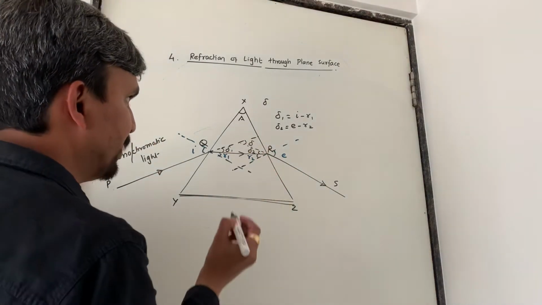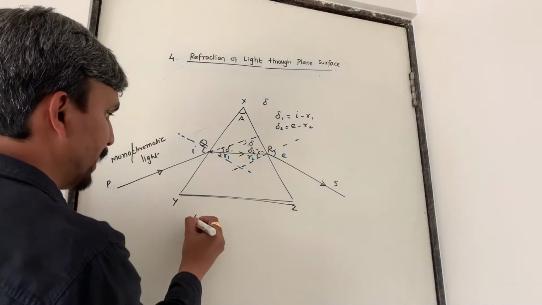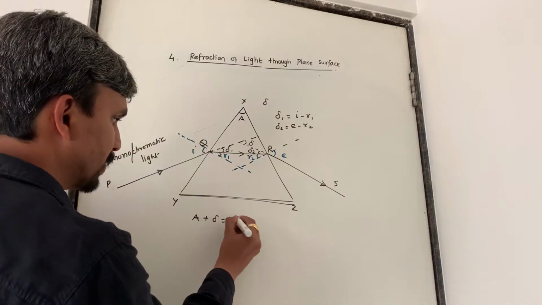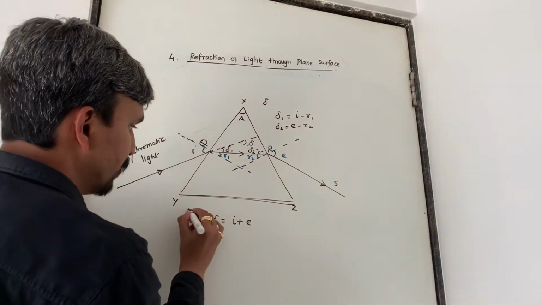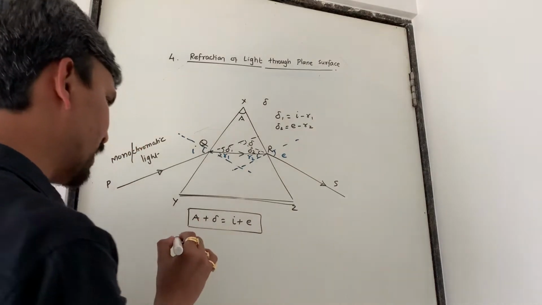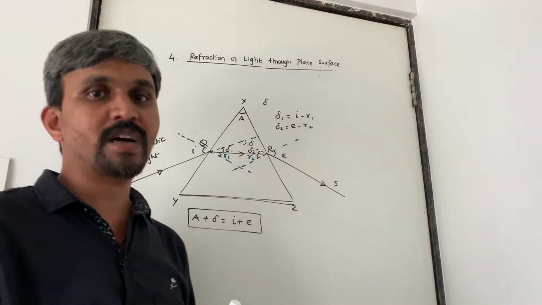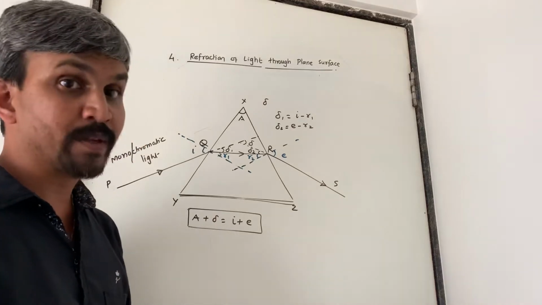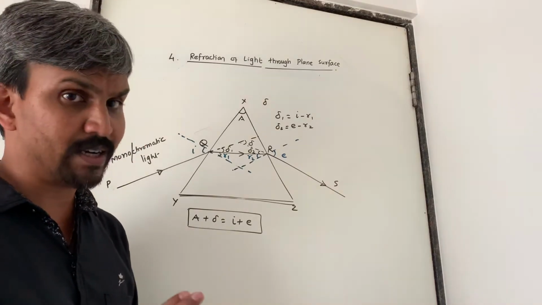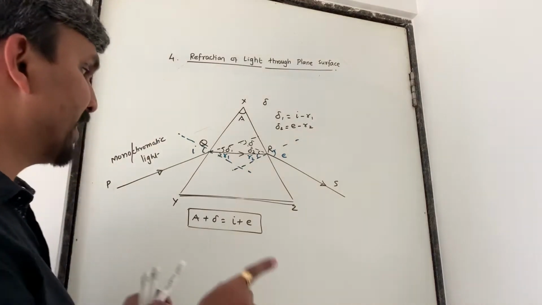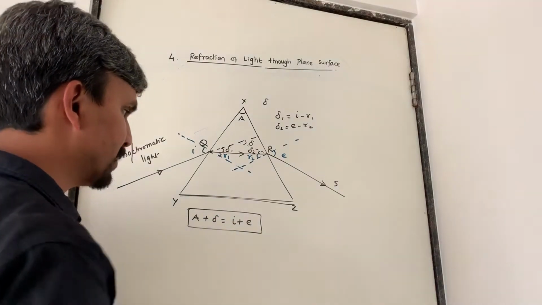Now we have a relation based on this. You have A plus delta is equal to I plus E. Now you don't have the derivation of this part. During our regular lecture, I will explain the entire derivation, but right now in this video it is not required. It is just time consuming. So we'll get the relation A plus delta is I plus E.